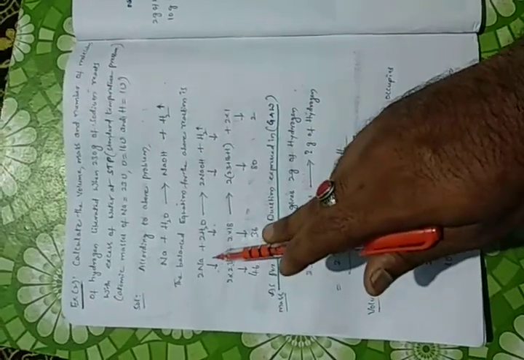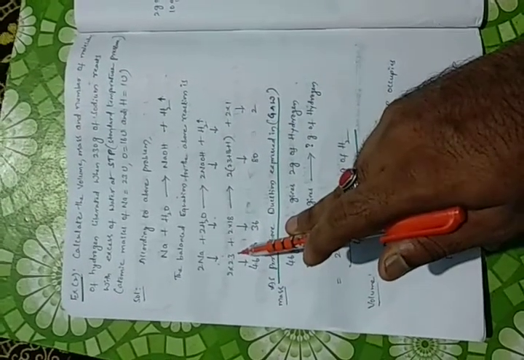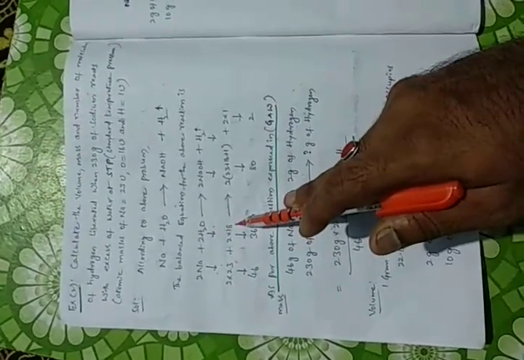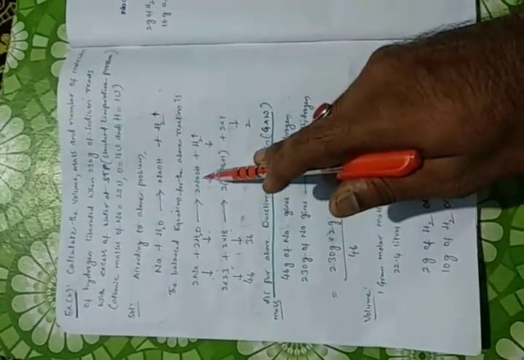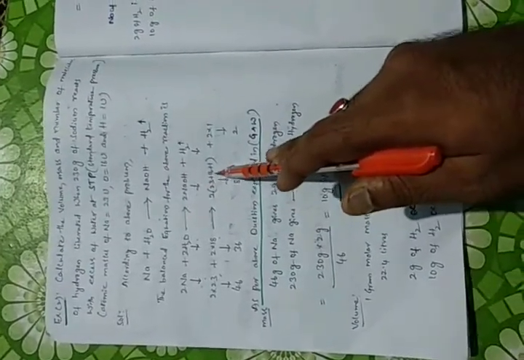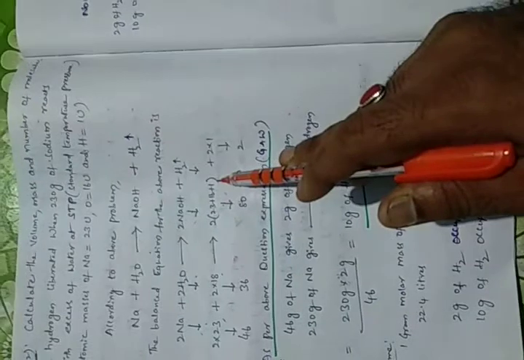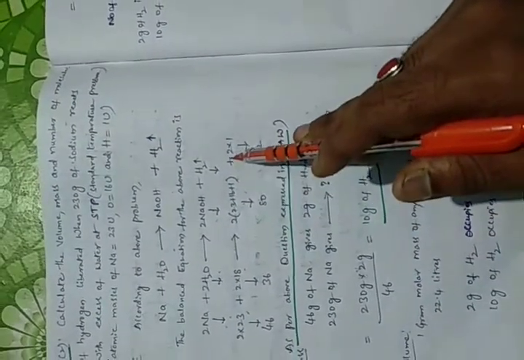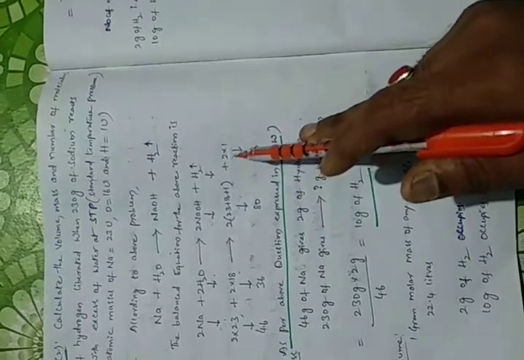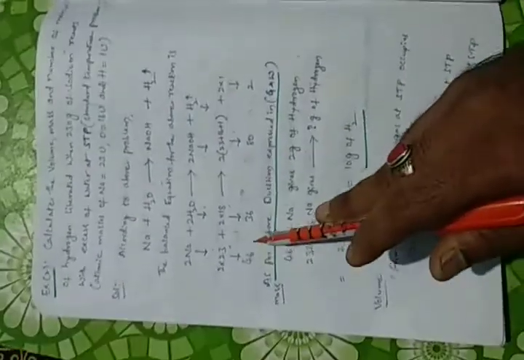2 into sodium, atomic weight is 23; 2 into water, 18; 2 into sodium hydroxide, sodium is 23, oxygen is 16, hydrogen is 1. Hydrogen has 2 hydrogens, therefore 2 into 1.